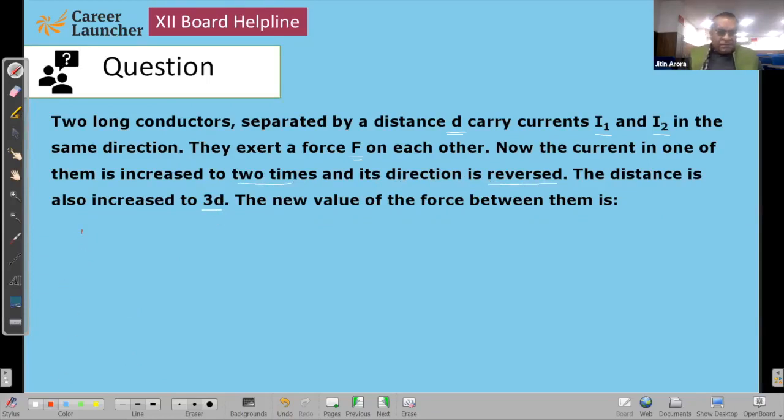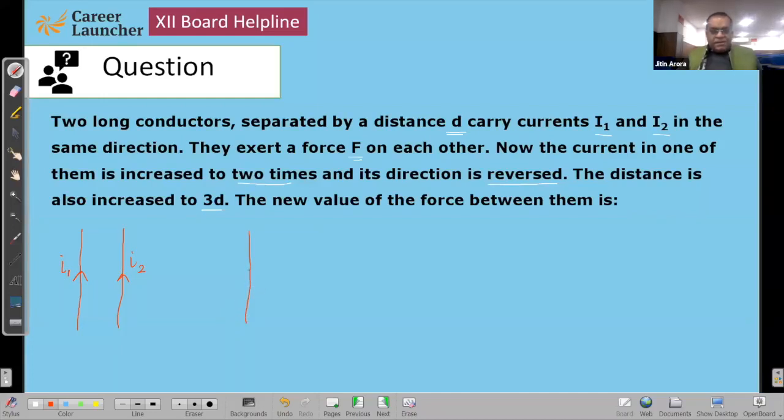So in the first case, this was, let's say, I1 and this was I2. In the next case, what has happened is, it says now the current in one of them is increased to 2 times.